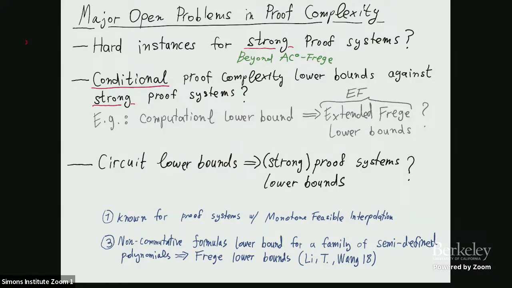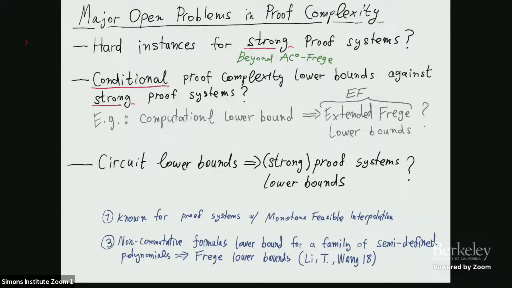So you can ask questions about all the basic definitions. So are there hard instances for strong proof systems beyond this? This is one of the major open problems, and it is open.